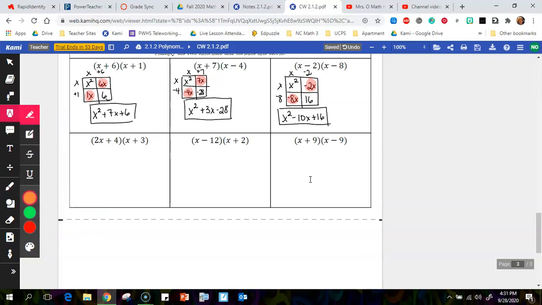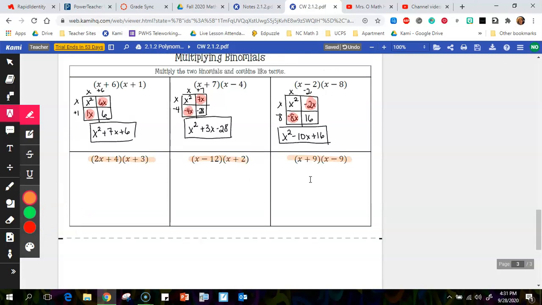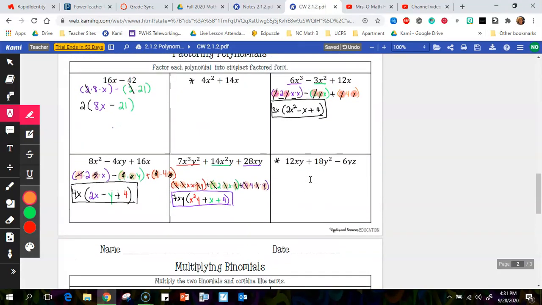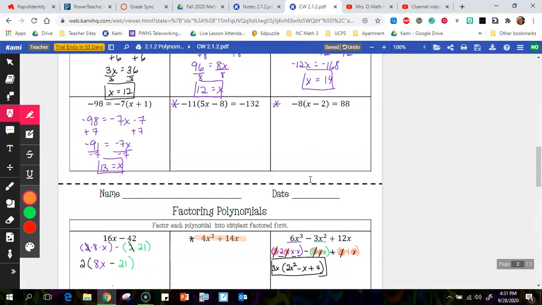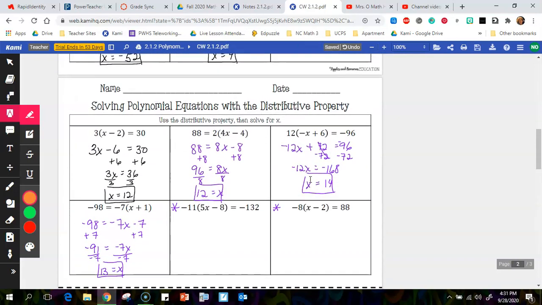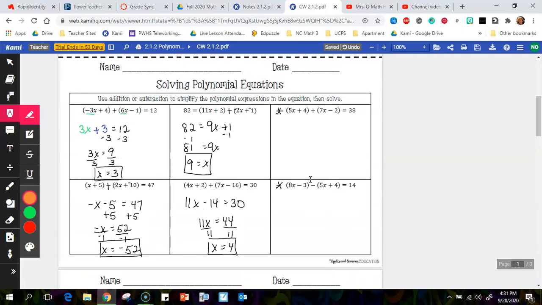So the ones that you're going to do by yourself, this one, this one, this one, so that's 3, 4, 5, 6, 7. You have 9 problems to do on your own using the ones that we did as an example. So let me know if you have any questions.